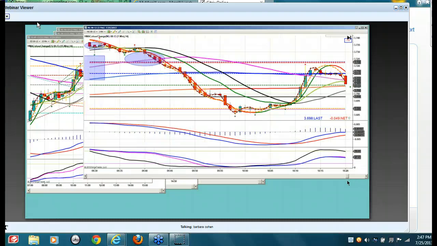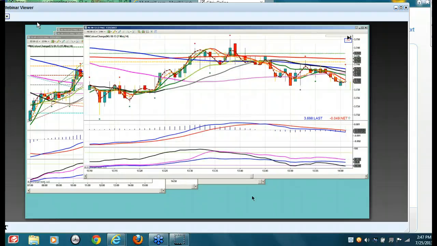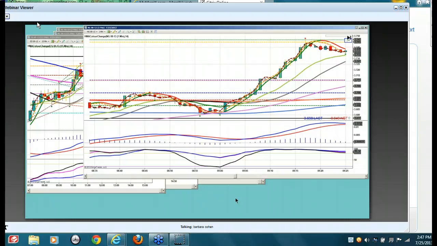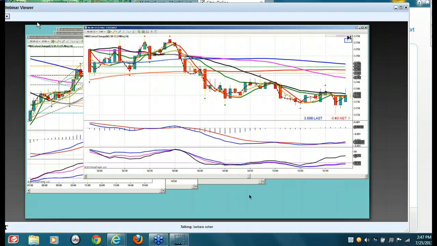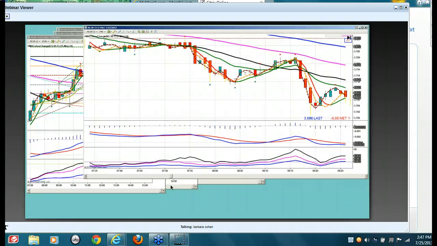Let me see if I can find an example for you. Okay, so here you can see we are at the R4, and we pretty much held to it. But when we go clear above the R4, there are days, I'm sure we had one, where it just doesn't come down.